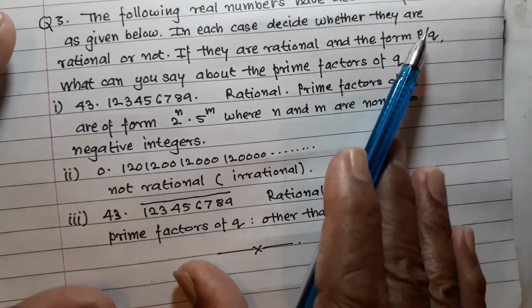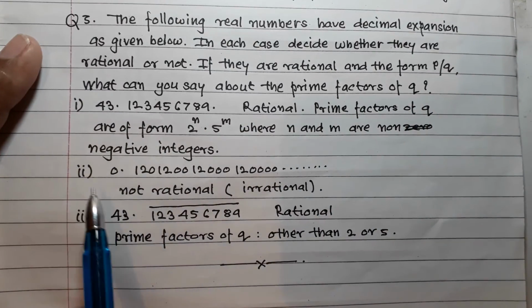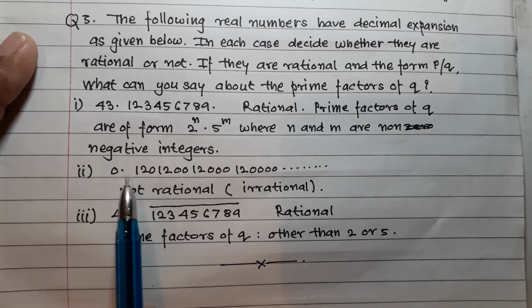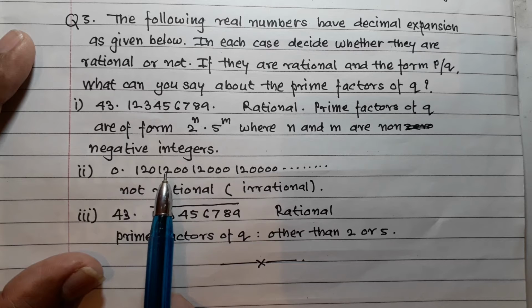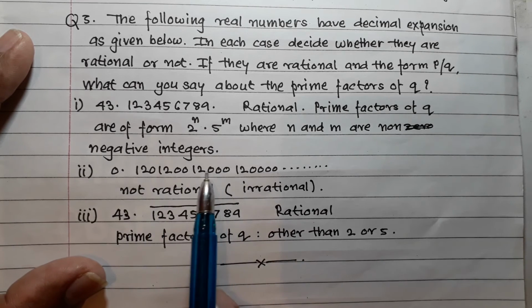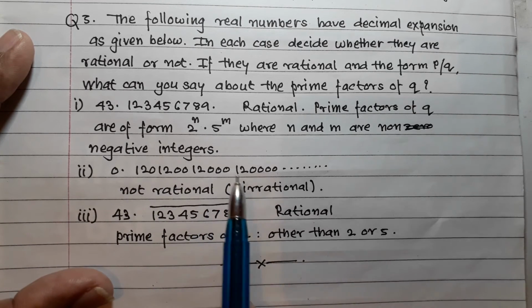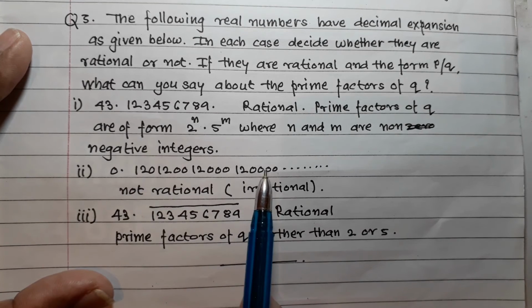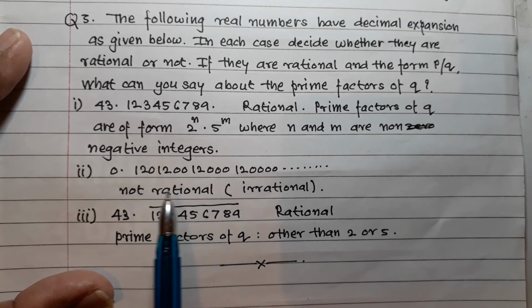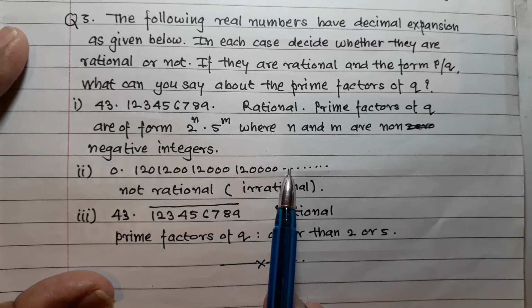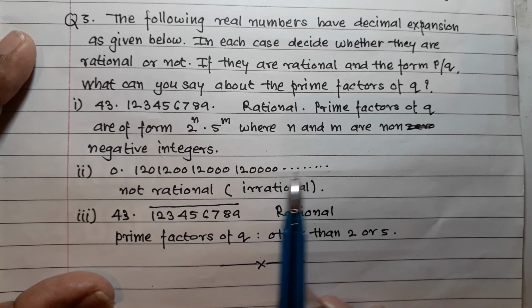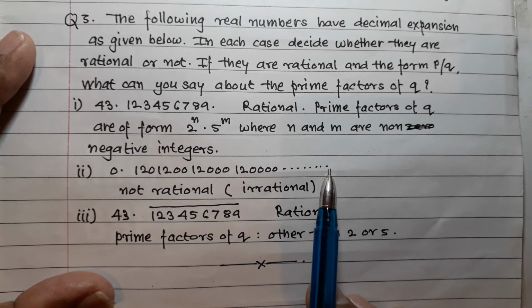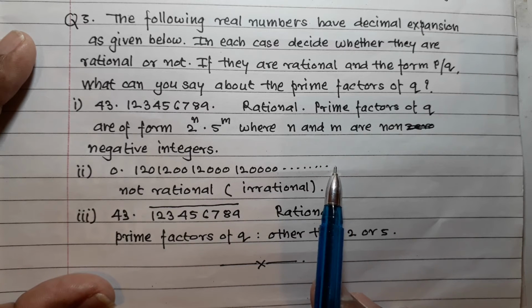Okay. Then observe the second number. 0.120120012000120000... Here the zeros are increasing, and the dots mean it is not terminating.